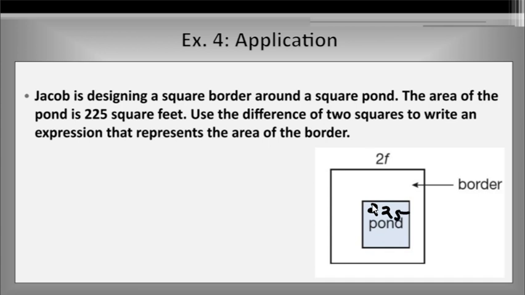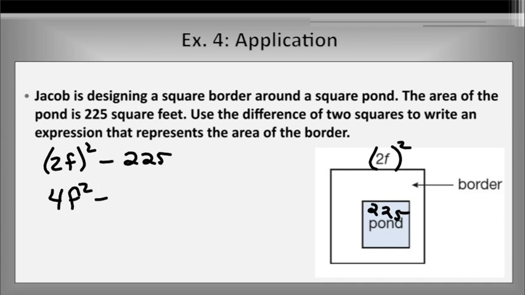For the border, we need to square this since it's a square. We would have to square 2f, and a difference of two squares, and then I take this minus 225. So this is 4f squared minus 225 square feet.